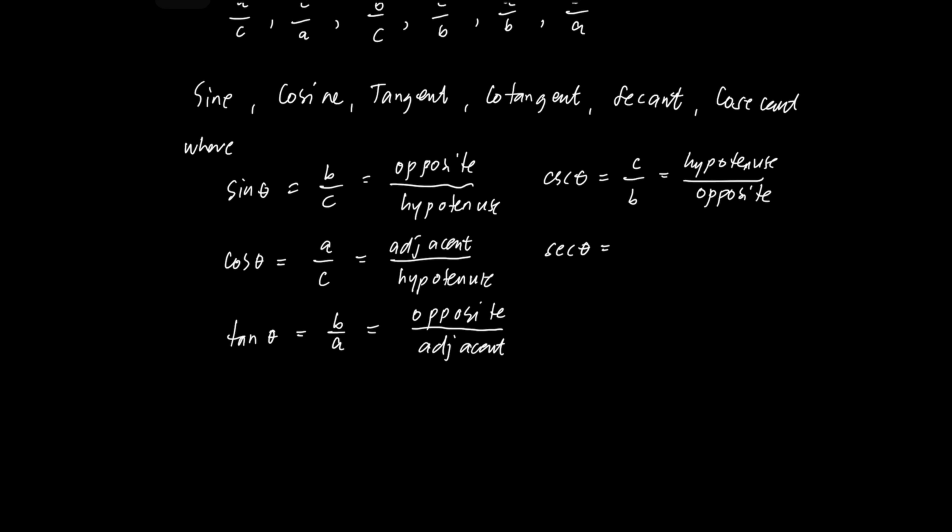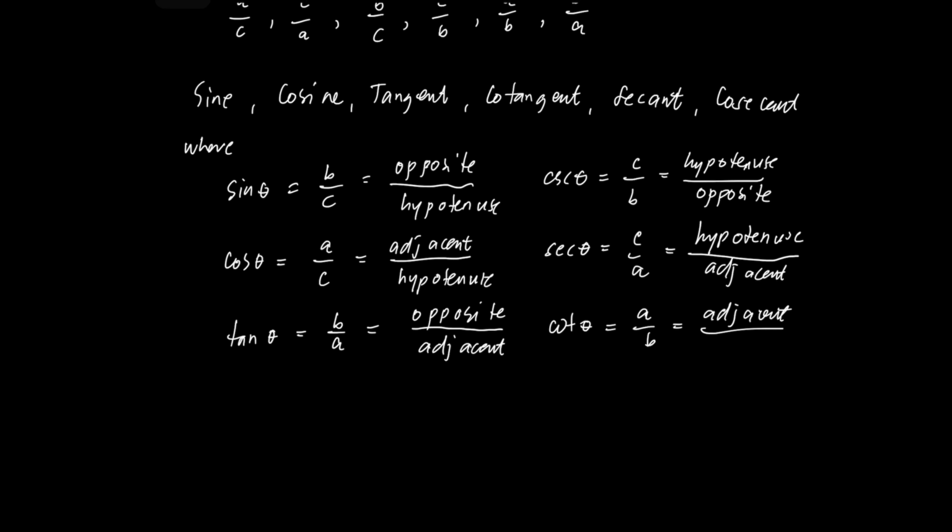Also, we have the secant theta, which is C over A, where C is the hypotenuse and A is the adjacent side. Lastly, we have the cotangent theta, which is A over B, where A is the adjacent side and B is the opposite side.